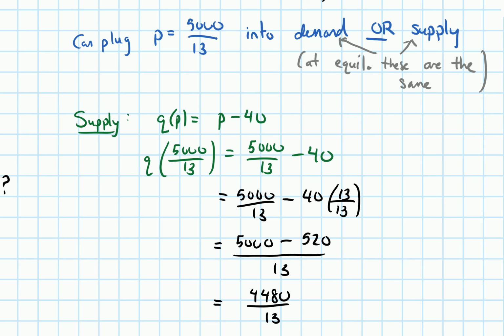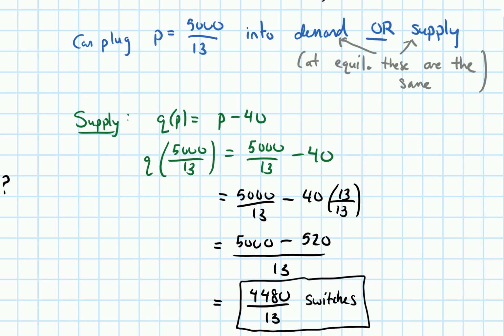Okay, and what did this represent? This was representing Q. So Q represents a quantity, the quantity of the item that we're talking about. In this case, it was Nintendo Switches. So even though we plugged into the supply, at equilibrium, the demand and the supply are exactly the same.